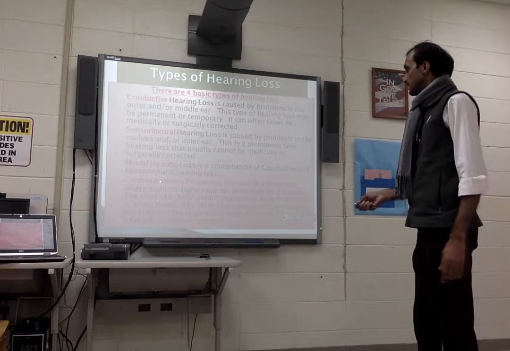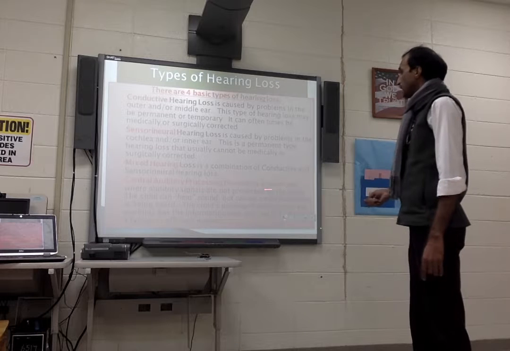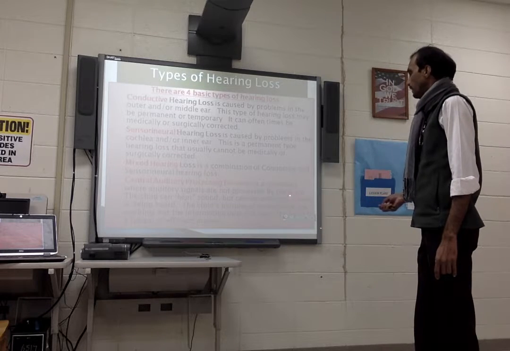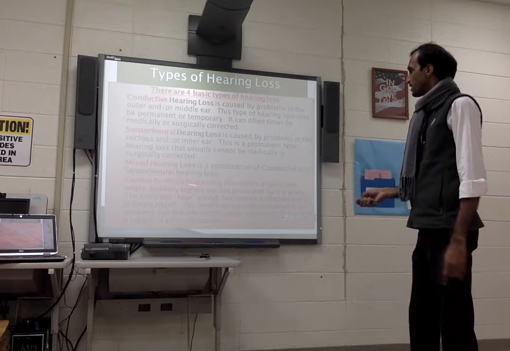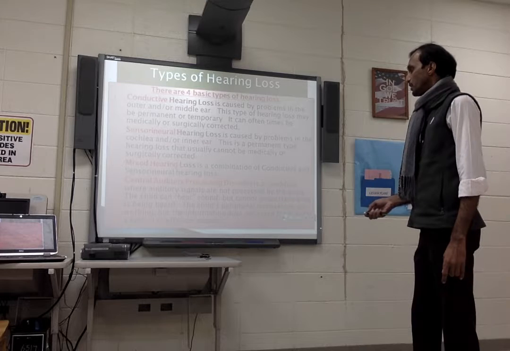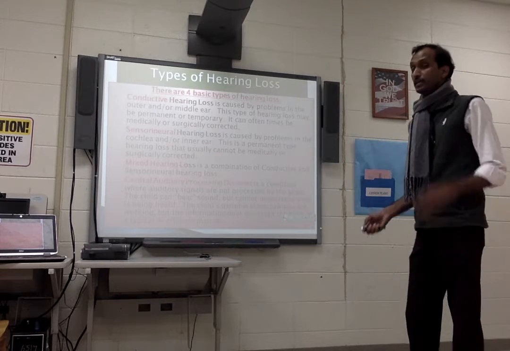The next one is central auditory processing disorder. It is a condition where the auditory signals are not processed by the brain. This is a strange kind of condition where these signals cannot be processed by the brain. The child can hear the sound but cannot understand what is being heard.